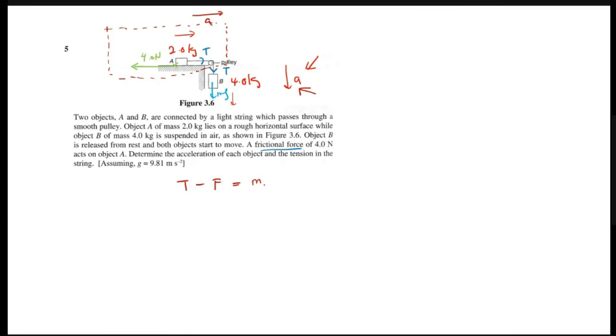This is the mass of A times a, and Fr is the frictional force. So T minus the frictional force equals m_A a. Why is T positive? T has the same direction as the acceleration; you can see it is the same direction as a. The frictional force has the opposite direction to a, that's why I put negative Fr. This equals the mass of A times the acceleration of the system, a. This is equation number 1.